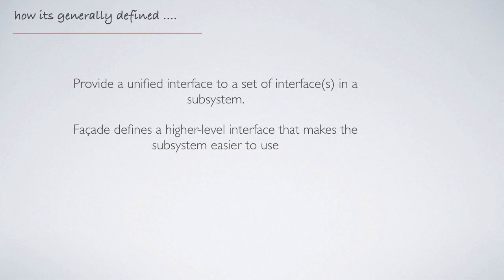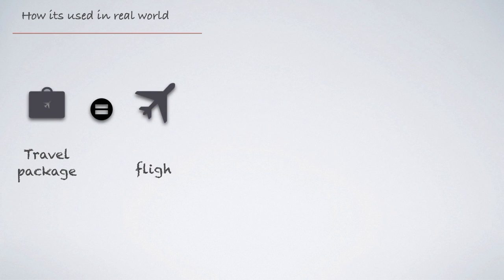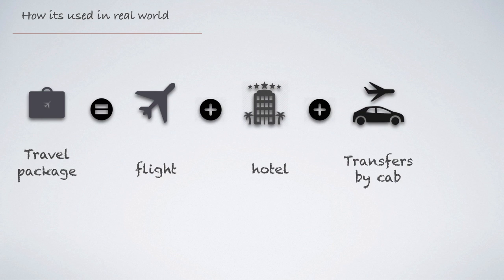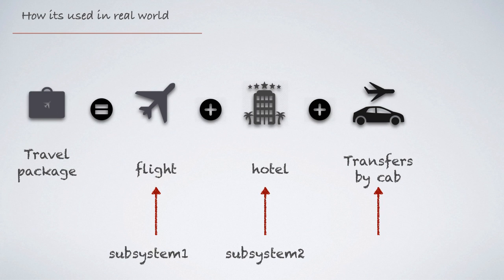Let's hold on to this definition for a moment and see a use case that will make it easier to understand. Let's take a use case of travel package booking. When you book a travel package, it usually contains a flight booking, a hotel booking, and a transfers booking, which is for sightseeing. So here, flight booking will be subsystem 1, hotel booking will be subsystem 2, and transfers by cab will be subsystem 3.